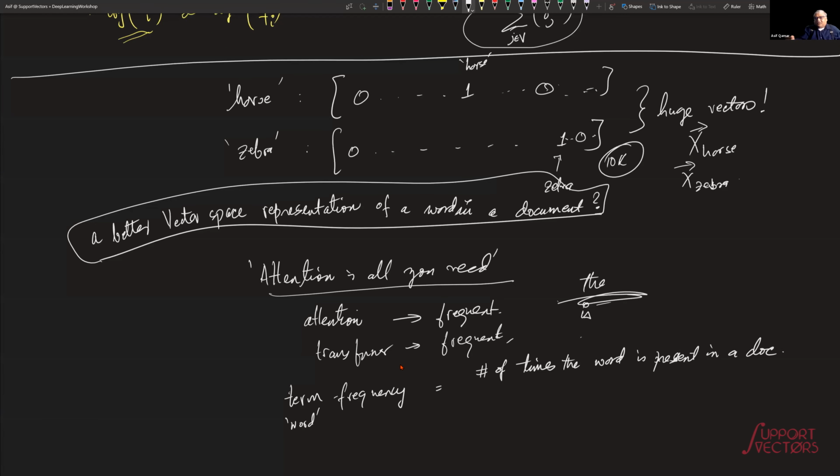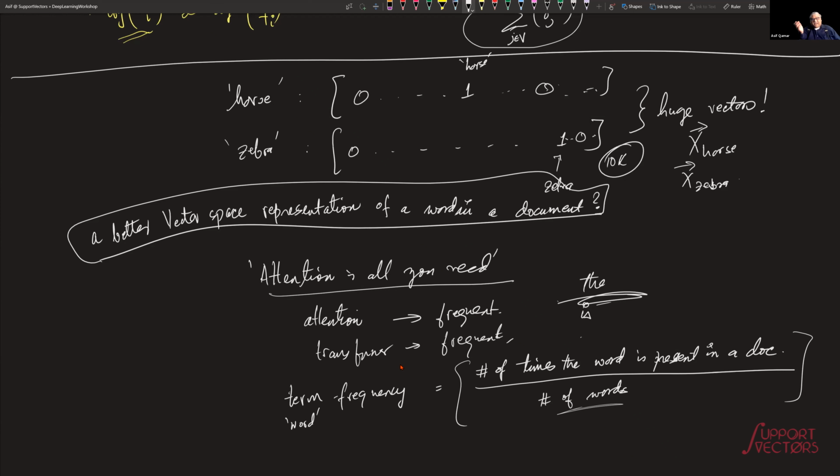So we are trying to figure out what the doc seems to be about. This divided by total number of words. So this makes sure that you get a fraction. This is, of course, just a constant when you're comparing frequencies, but this is how you define the frequency. Term frequency, the number of times that the word is present in a doc divided by the number of words.